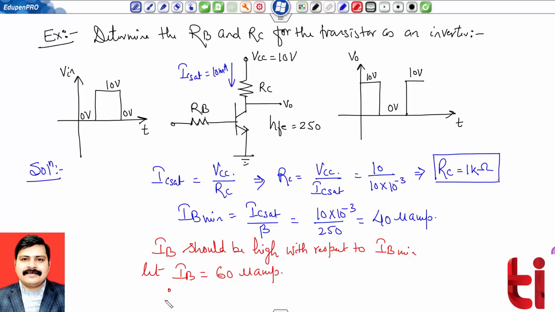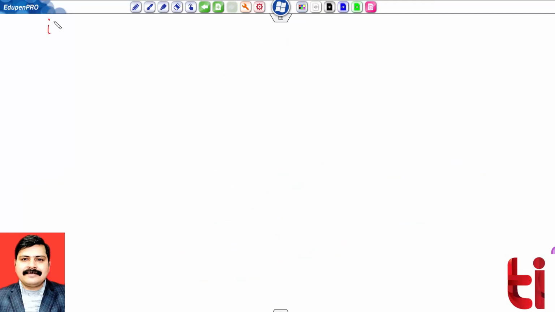Therefore, from the input loop, IB will be equal to VCC minus VBE divided by RB. If I consider VBE equals 0.7 volt, that means I am dealing with a silicon-based transistor, then the value of base resistance RB will be equal to VI minus 0.7 divided by 60 microampere.